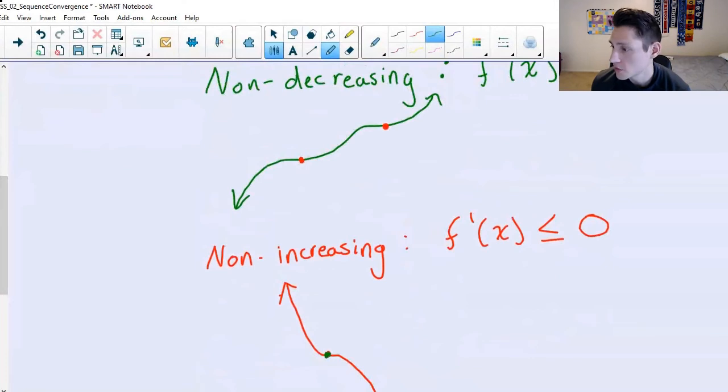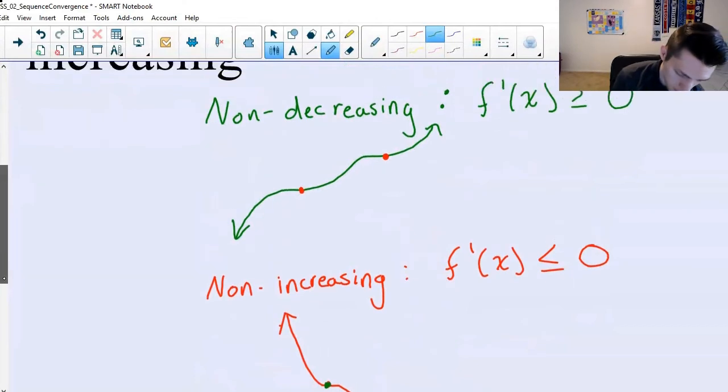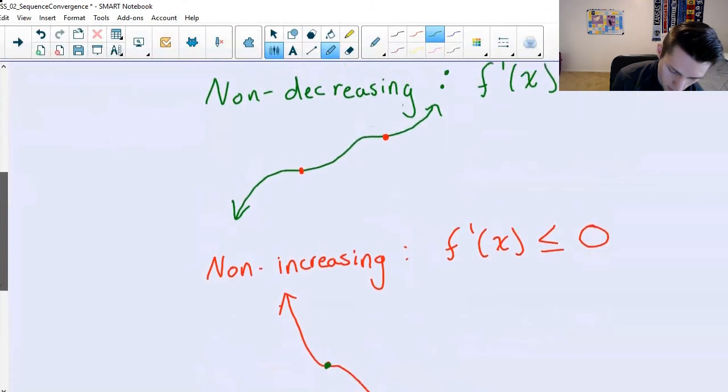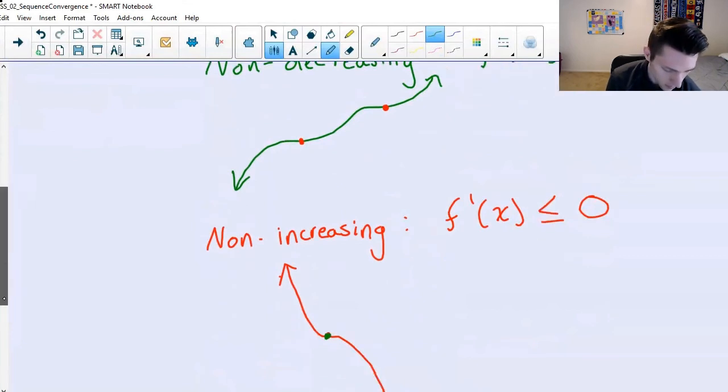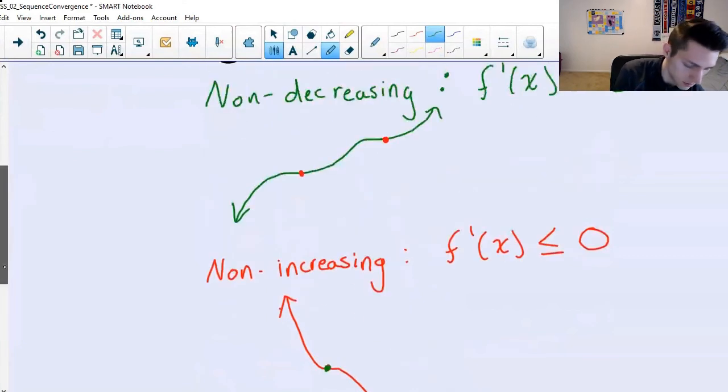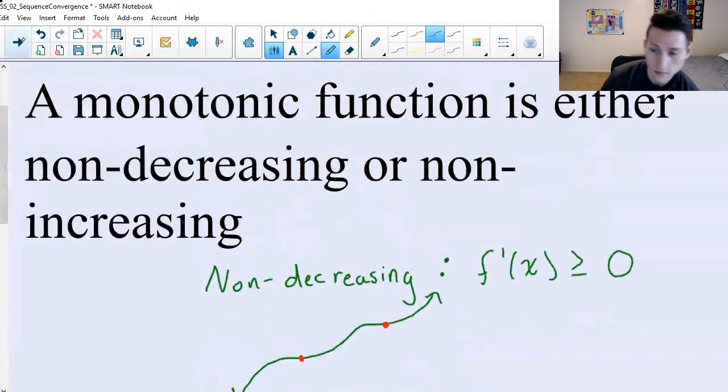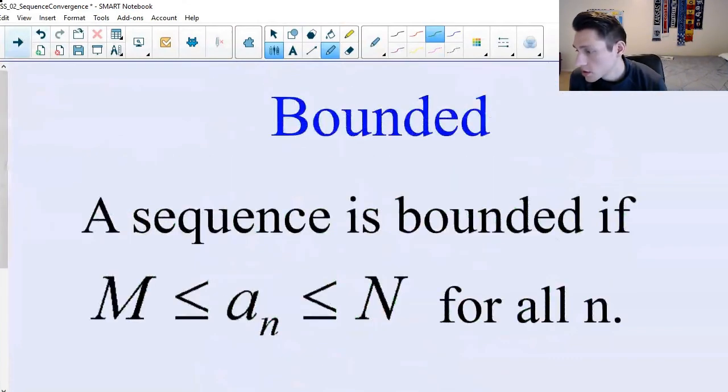Okay, so monotonic functions. Can a function that's a straight line be doubly monotonic because f prime equals 0?